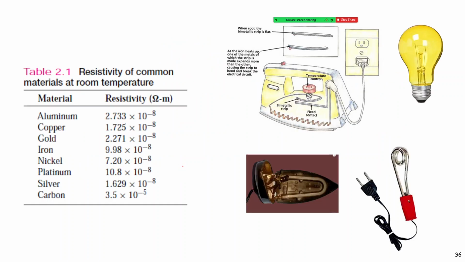This is an example of resistance in practical life, right? For example, the iron is a pure R. A heater will dissipate the power from your receptacle here, and then you dissipate it into heat, right?